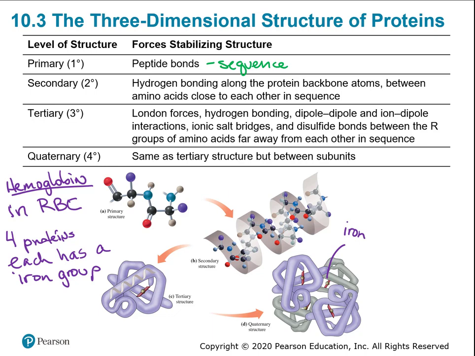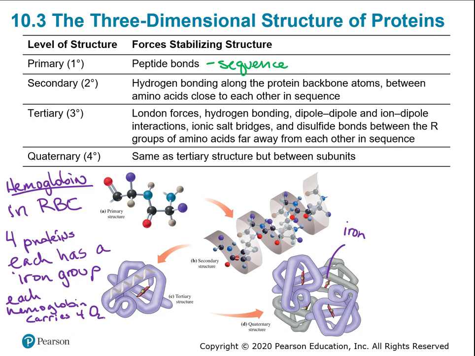So in one red blood cell, first, each hemoglobin can carry 4 oxygens, 1 in each. The iron binds 1 oxygen.